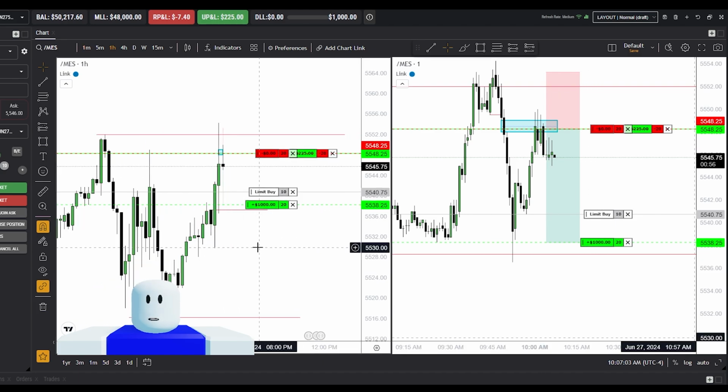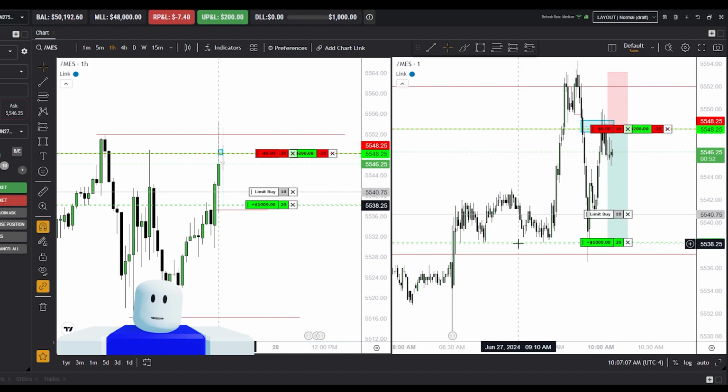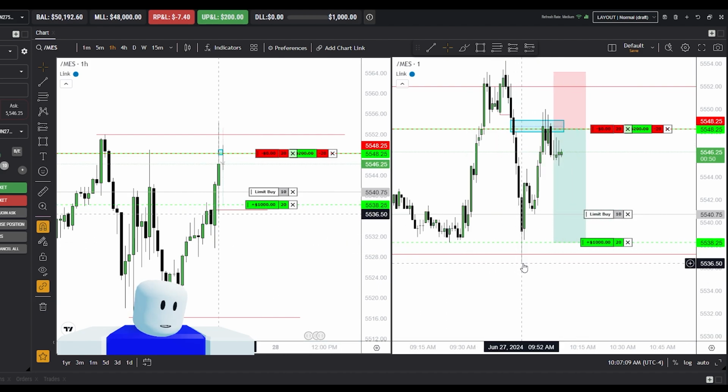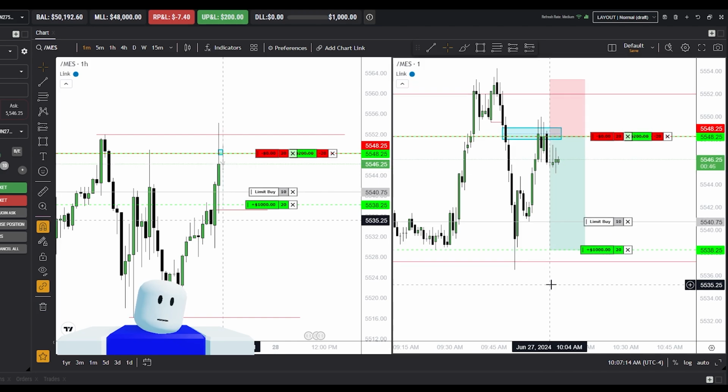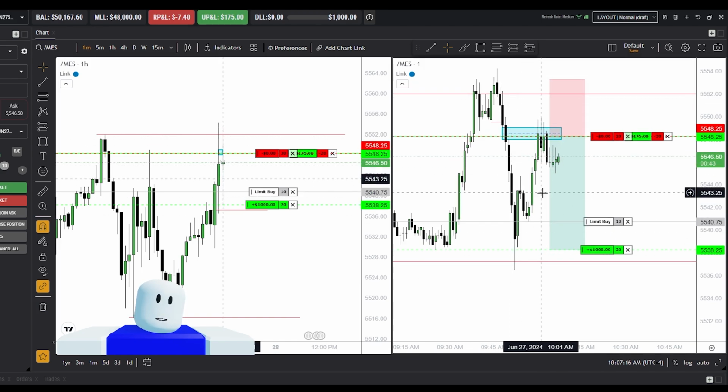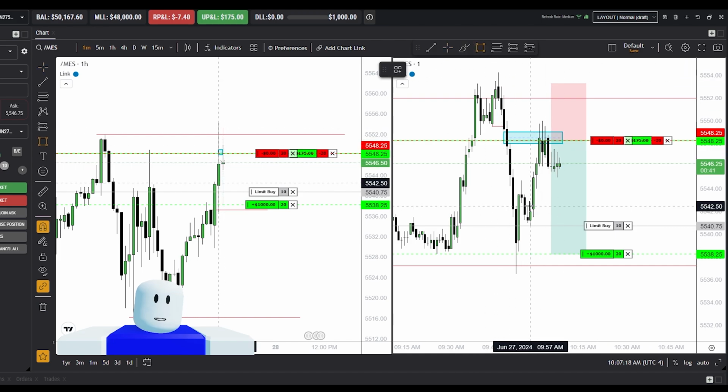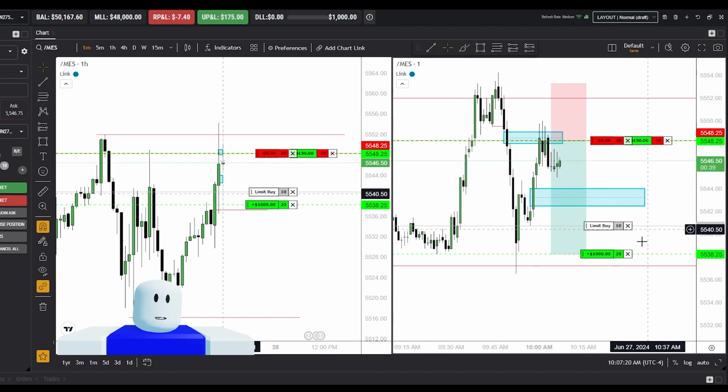This trade is no longer of high probability since these equal lows have been taken out. I wasn't paying attention, but that happened at 9:52. So now the highest probability is probably going to be a long off this fair value gap.